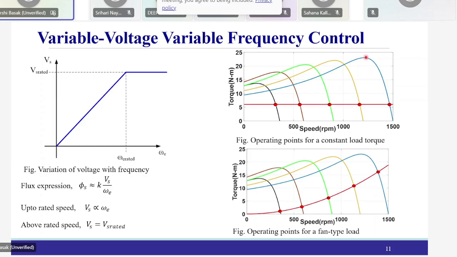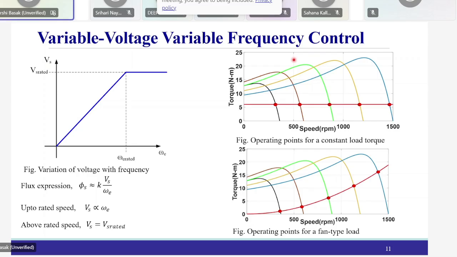You see that still the maximum torque, suppose you want 500 RPM and 20 Newton meter, or suppose 22 Newton meter. At this position, you will be able to achieve 22 Newton meter, right? At this speed, you will be able to achieve 22 Newton meter. But below that speed, you will never be able to achieve it.